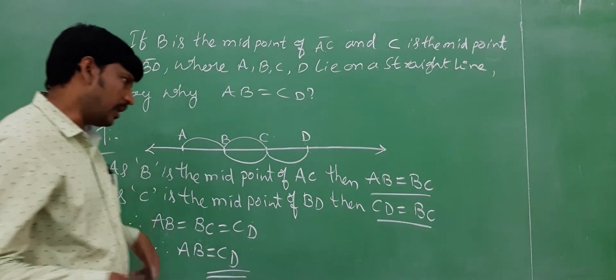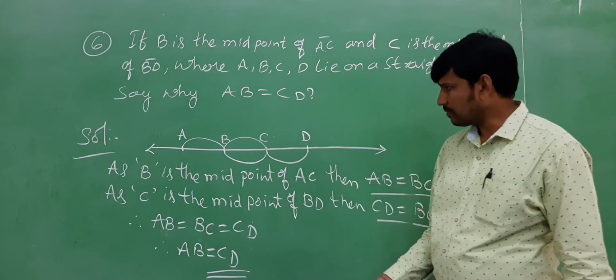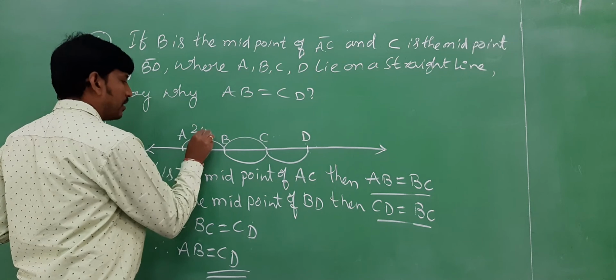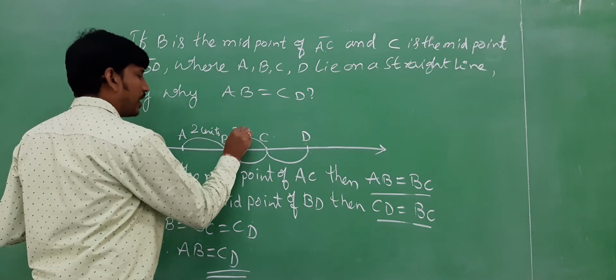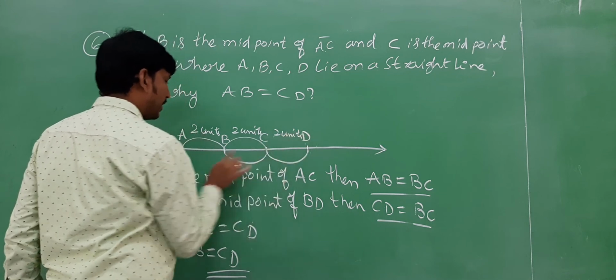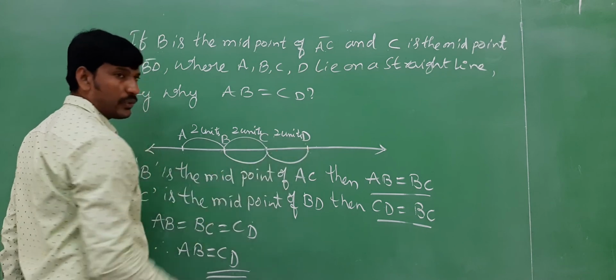Right? Still if you have any confusion, let us take simple values. Let's take this as 2 units, this also 2 units, then this also 2 units. The length of AB equal to 2 units, BC equal to 2 units, CD equal to 2 units.